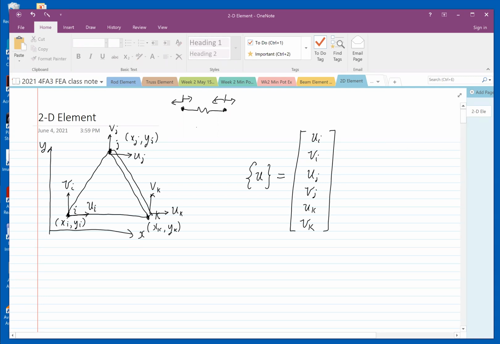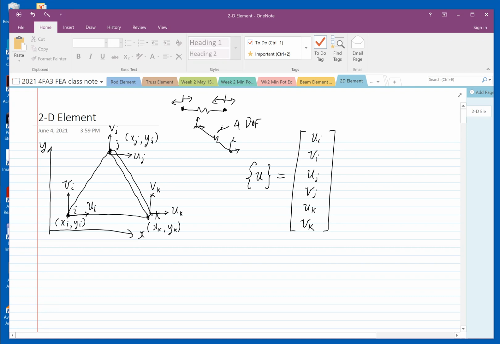Okay, and then the truss element: each node can move in X and Y. So the truss element has 4 degrees of freedom.